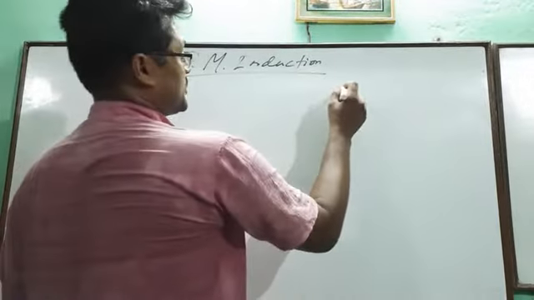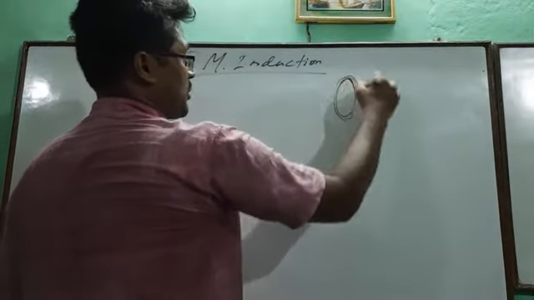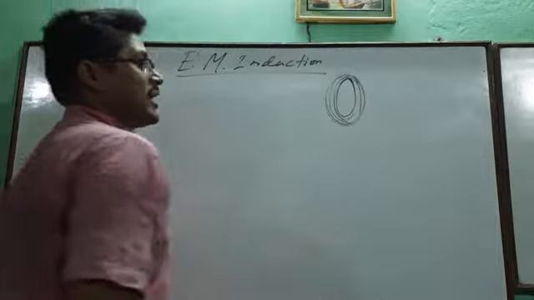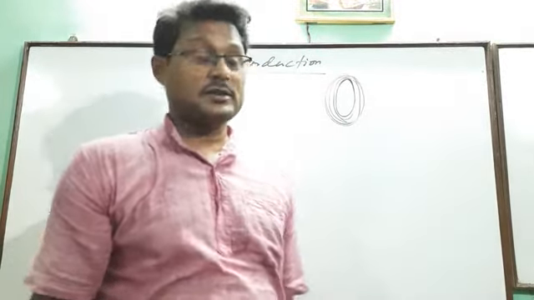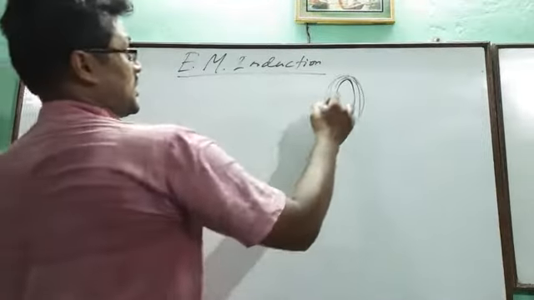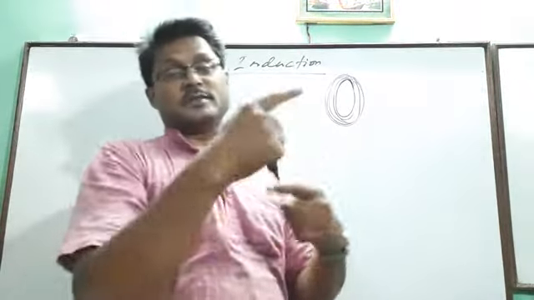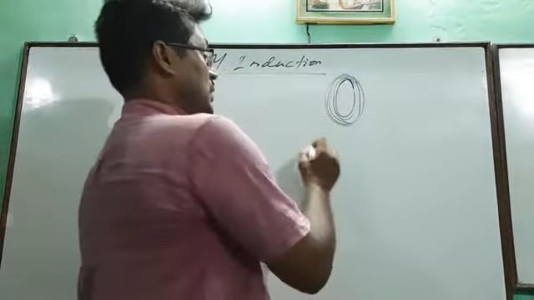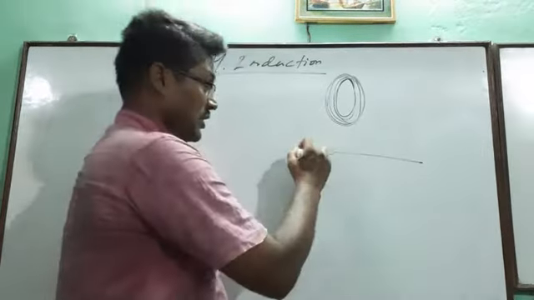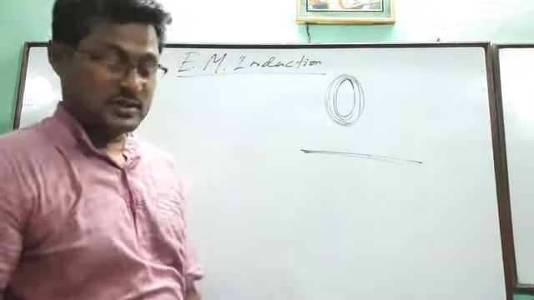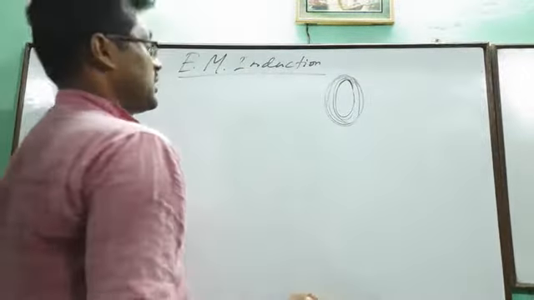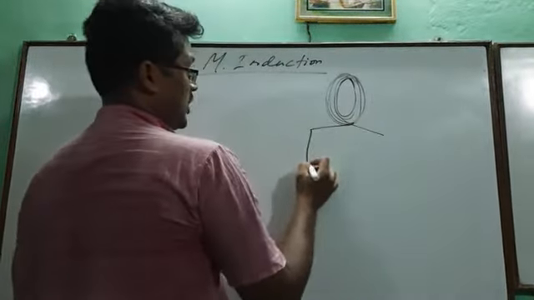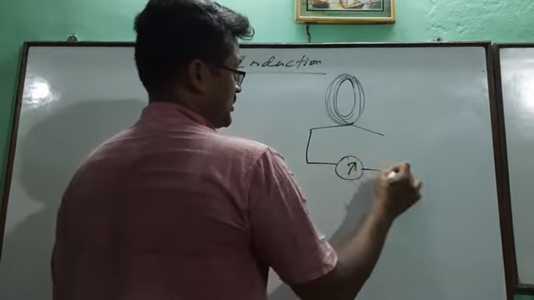Let this be a coil with many turns, at least 5,000 is better. The coil is made with insulated wire, obviously: a copper wire with insulation over it. The two ends of the coil are connected to a galvanometer.